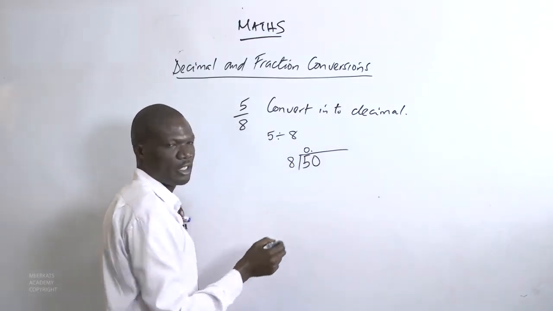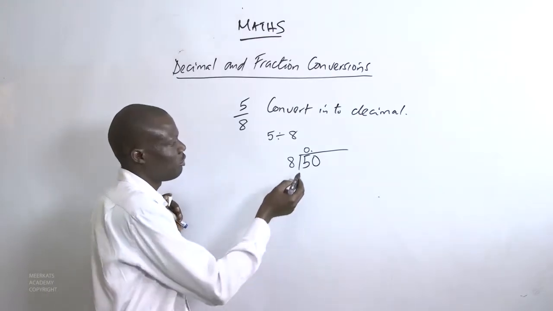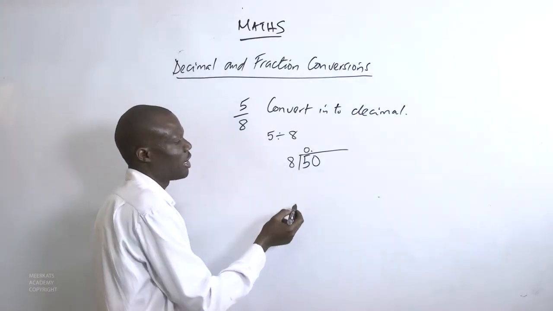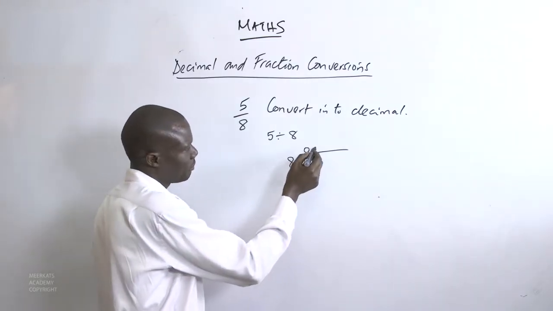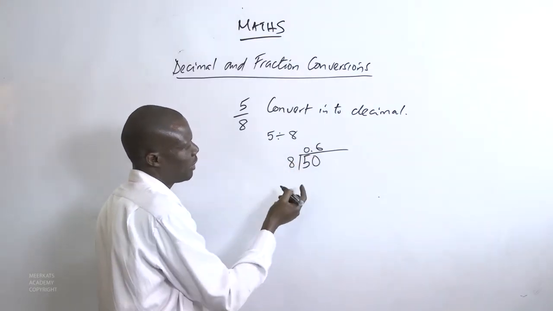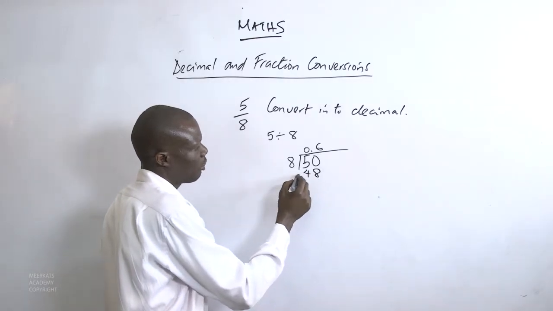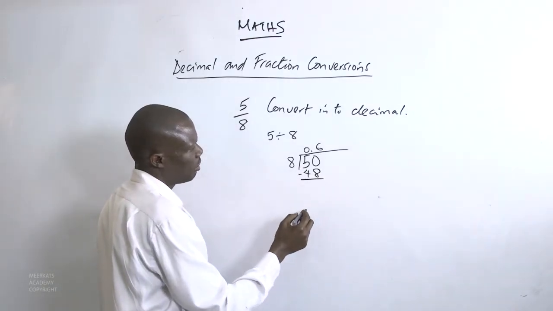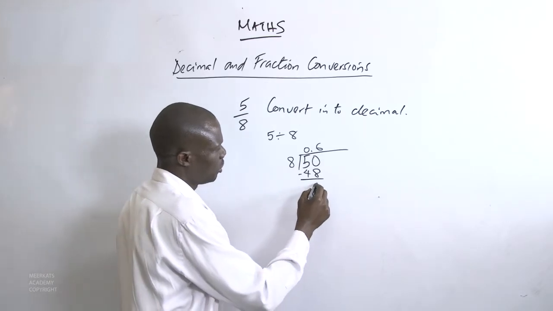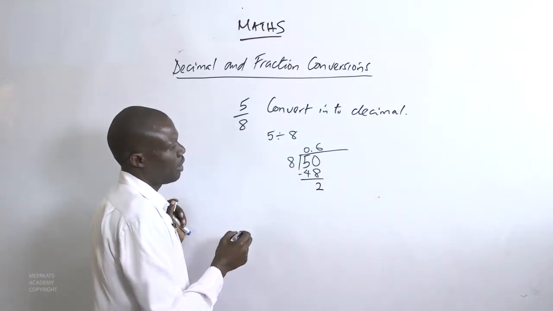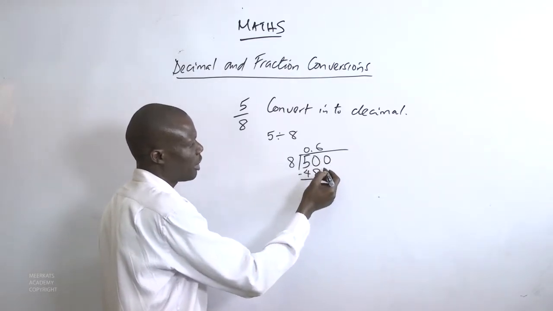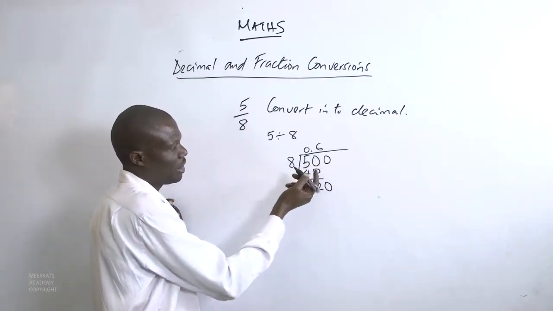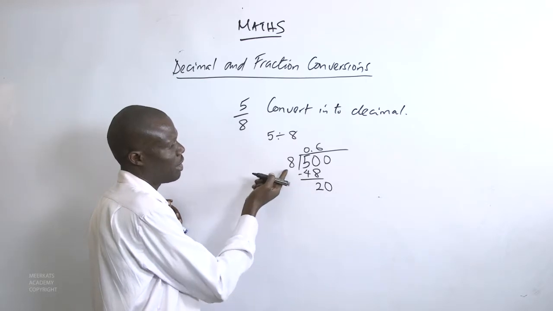then we bring in a 0 here. So 50 by 8 will give us, when you divide, a 6. Then 6 times 8 is 48. When you subtract, you remain with 2. Again, we haven't exhausted, so we shall bring down a 0 here. We don't have a digit there, so that we have 20 divided by 8.